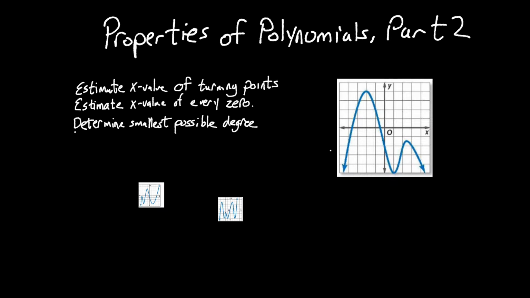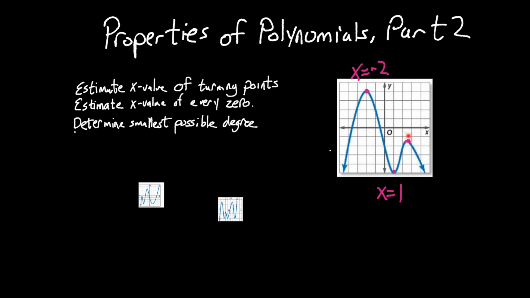Just like before, we want to look at those turning points, so let's identify them. They're either mountains or ravines. So I've got a turning point here, here, and there. This one looks like it's at about x equals negative 2. This one down here looks like it is at about x equals 1.